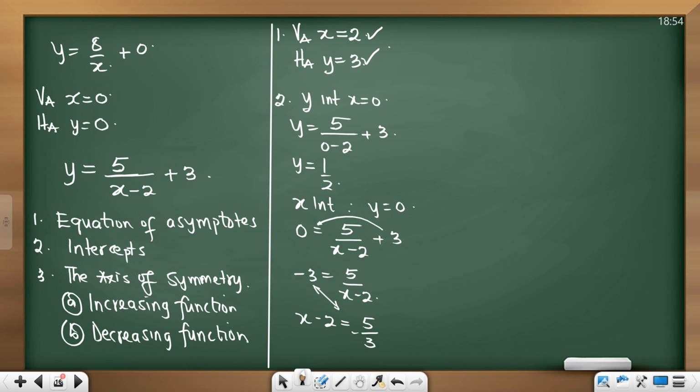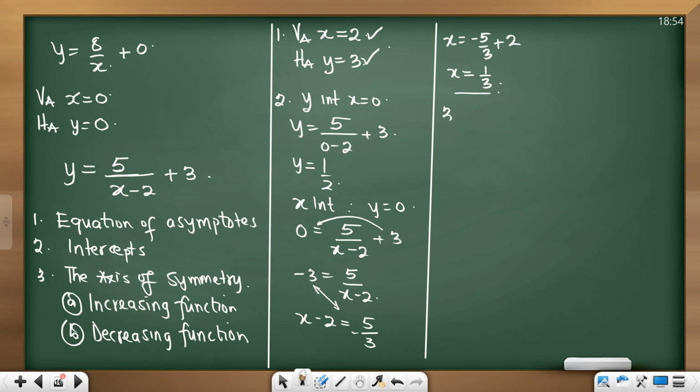And then you simply simplify this. X equals minus 5 over 3 plus 2. And what's your answer? 1 over 3. That's the x-intercept, and that was the y-intercept.